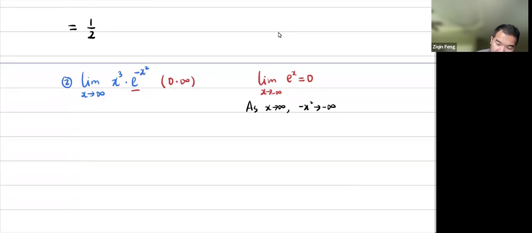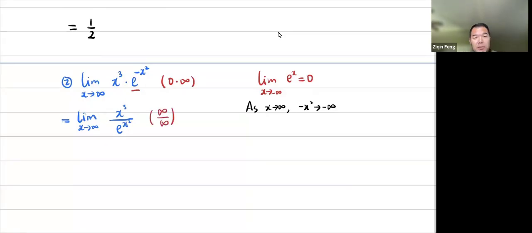A good choice is to move e to x squared to the denominator. We can do that because e to negative x squared is 1 over e to x squared, right? After you change that, you get a new indeterminate form, which is infinity over infinity.